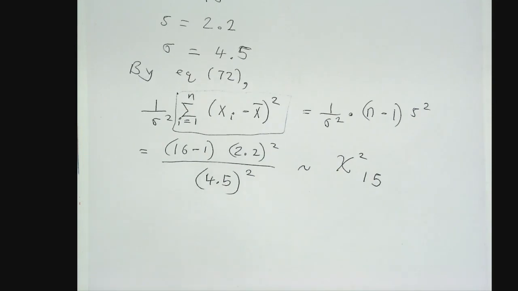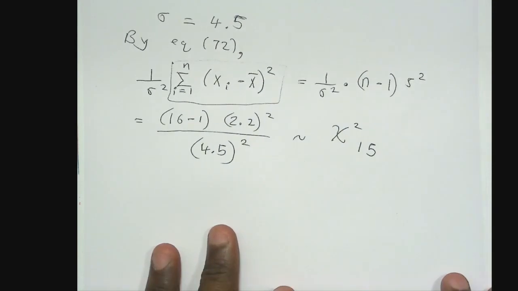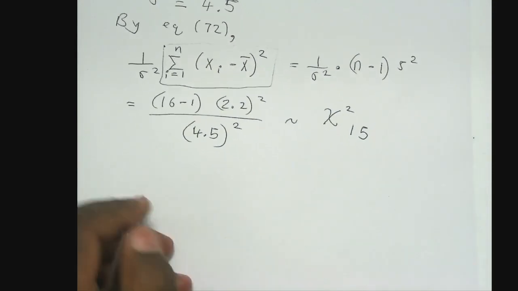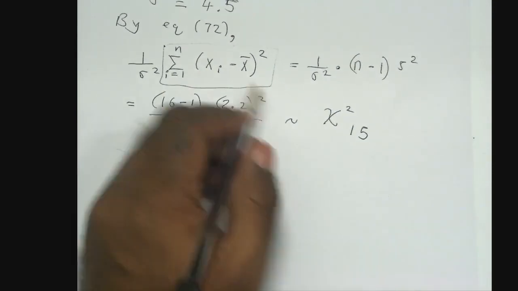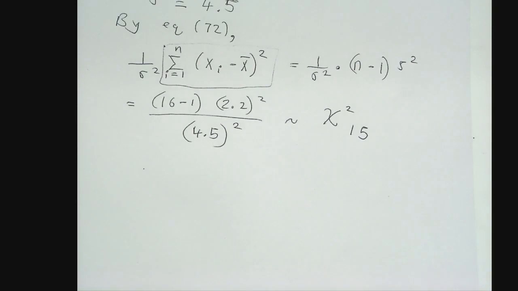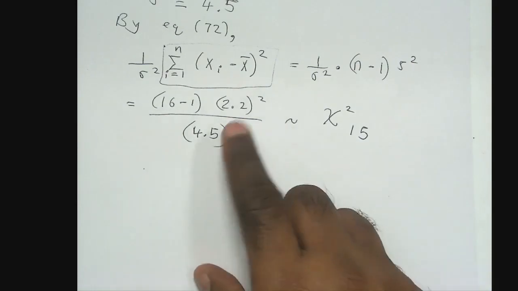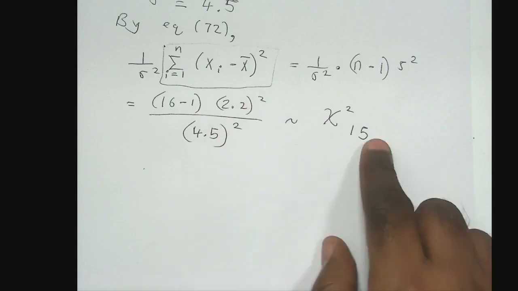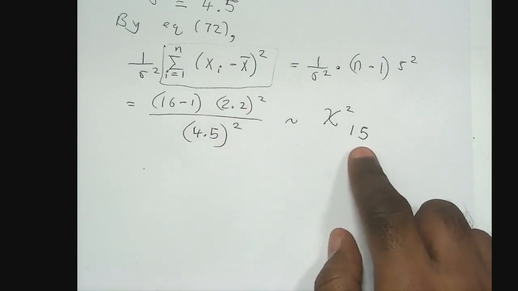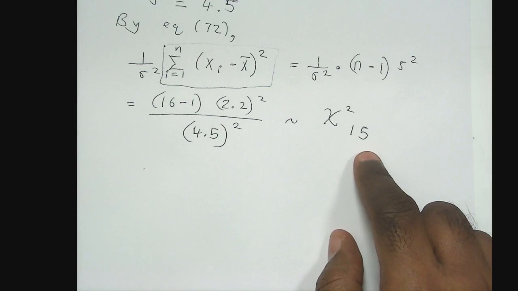Now, how do you check that? What you have here, guys, is a single number. You can work this out in a minute, right? You want to check whether this number follows the chi-square distribution with 15 degrees of freedom. Now, how do we do that?